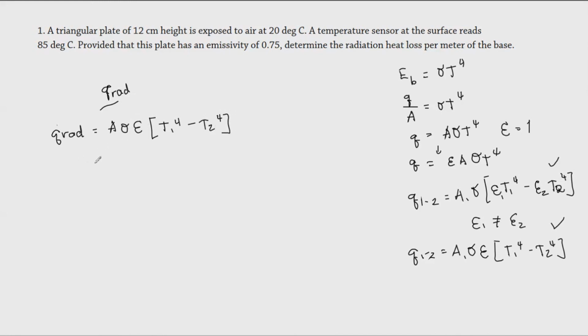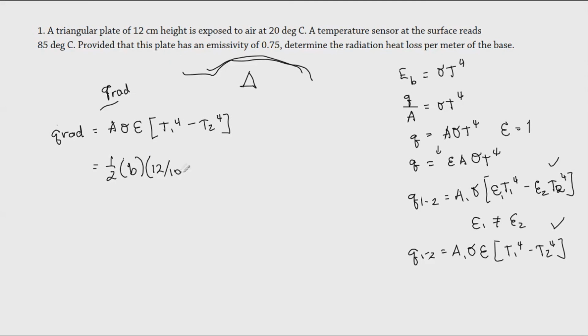So we can substitute the area of a triangle. We can imagine this triangle being exposed to the surrounding and nothing else. The surrounding is very huge and the area would be very huge for the outside, but since this is just naturally exposed to the environment, we could think of this triangular plate as a small object. So in that case, the area of the triangular plate would be 1/2 base times height, because that's a triangle, so that's base, and then the height would be 12 centimeters.